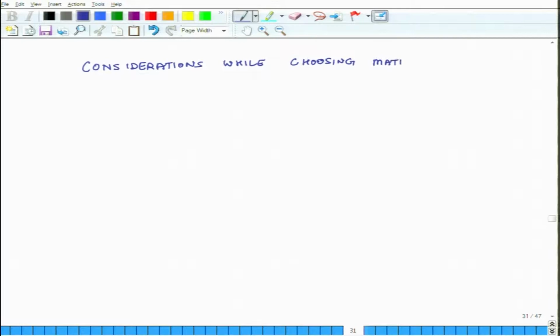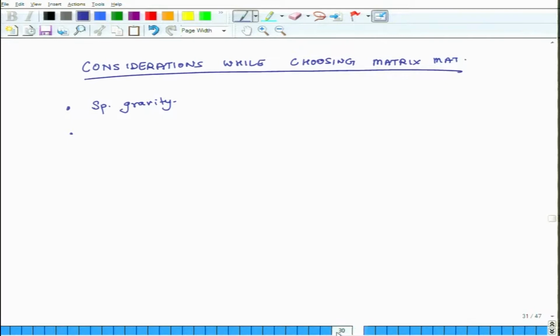There are several considerations, they are not in any particular order, but these are some of the important ones. First one is specific gravity. Do you want your material to be light, or weight is not going to be a big consideration? So, specific gravity.